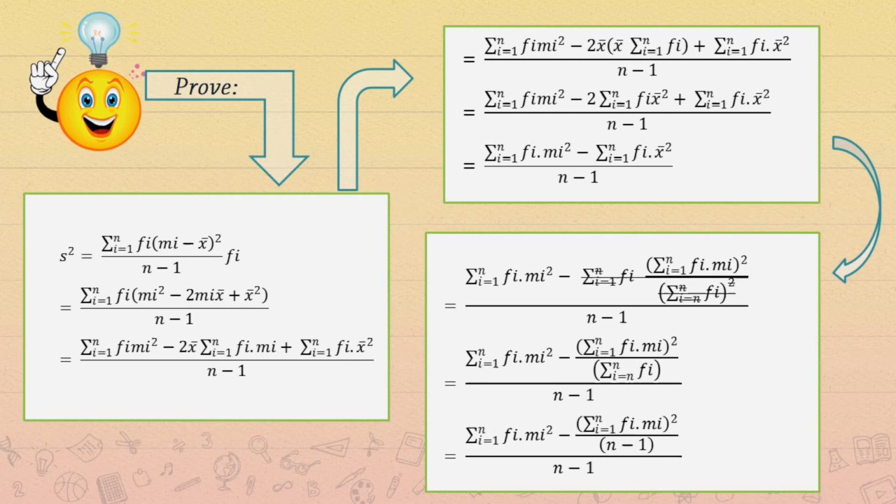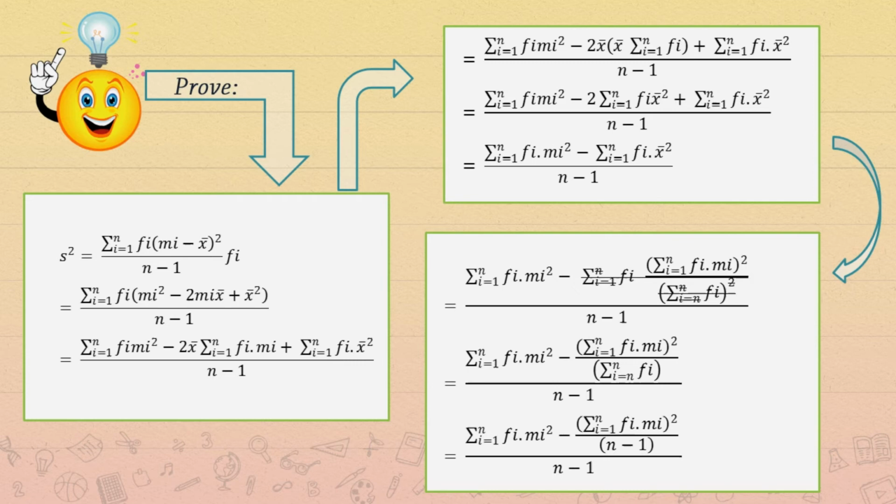so that we can write it as sigma frequency multiplied by squared median minus, in brackets, sigma frequency multiplied by median, squared, divided by sigma frequency, divided by the sample size minus 1.